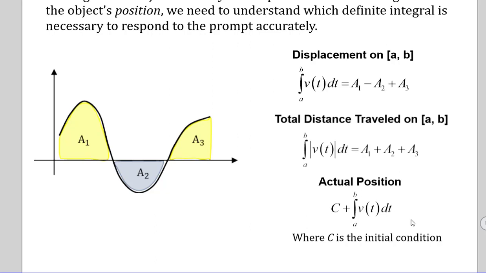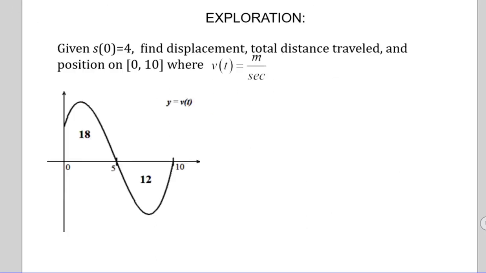And so when I look at that down here, again, this is displacement. So if I have an initial condition that identifies my position at the beginning of the process, then I'm going to add however much displacement there is, and that's going to give me my new condition. So these are the three things that they might ask us about: displacement, total distance traveled, and actual position.